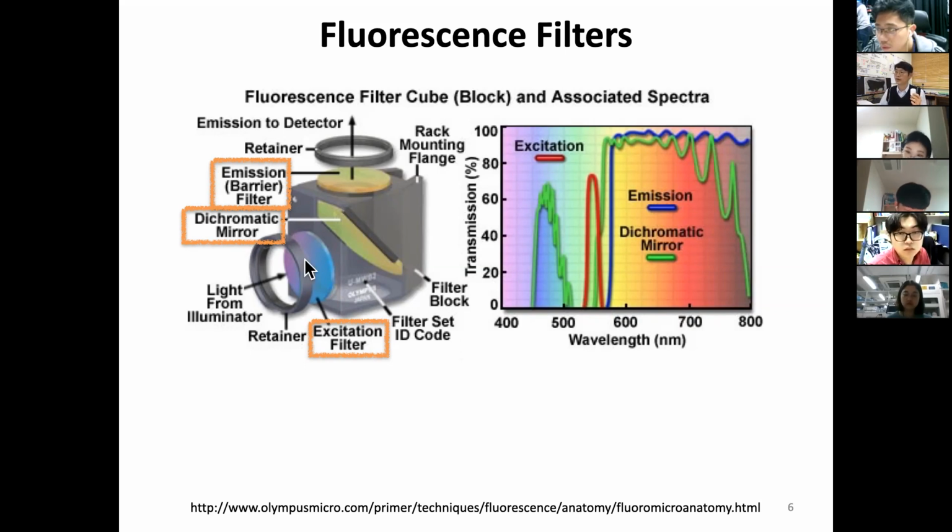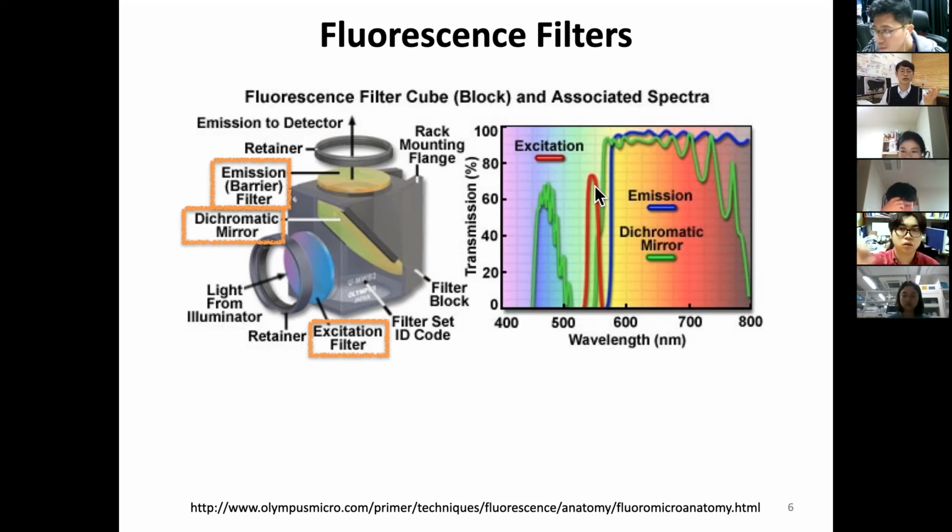So first of all, excitation filter, you want to narrow down only the color you want, okay? Especially lower wavelength. So in this case, you see, let's say this red one, the y-axis is transmission. So you transmit only this narrow part of this red colored part, so that you limit the excitation light. And then what happens?